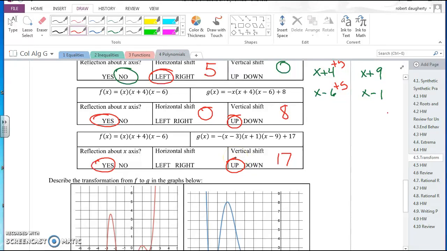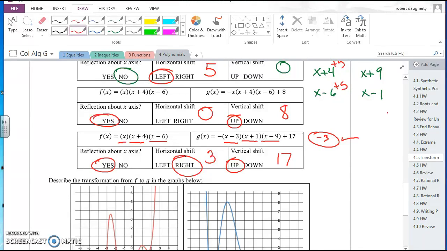And the horizontal shift, it looks like the x became an x minus 3, okay? So I subtracted 3. The x plus 4 became an x plus 1. Still, that looks like a subtraction of 3. x minus 6 became x minus 9. Again, that's a subtraction of 3. This is a shift of 3 to the right, okay?